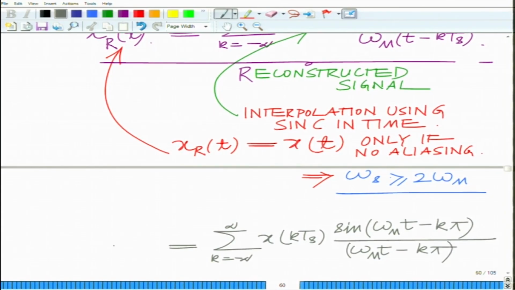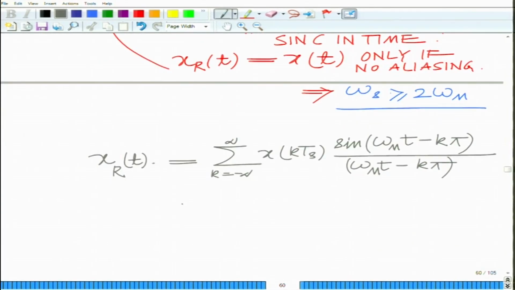So that is basically your expression for the reconstructed signal in time.